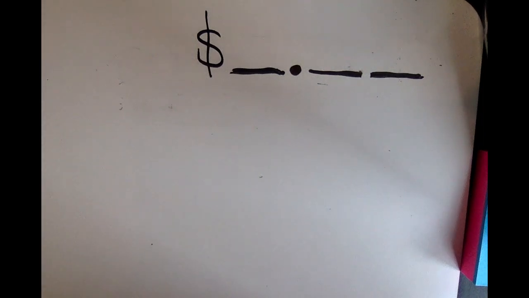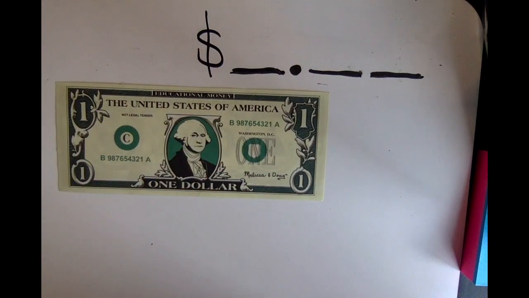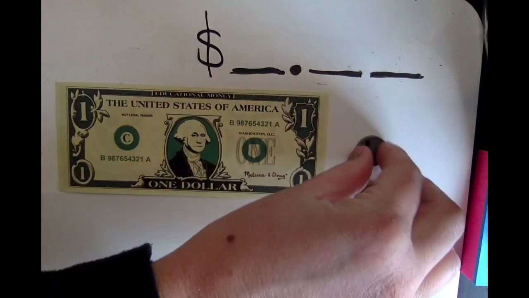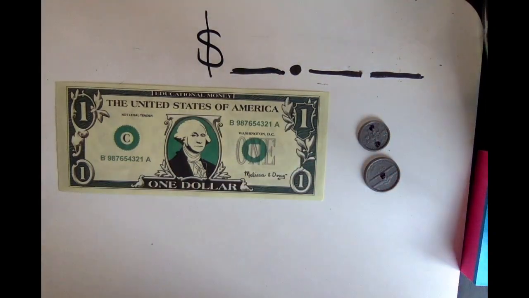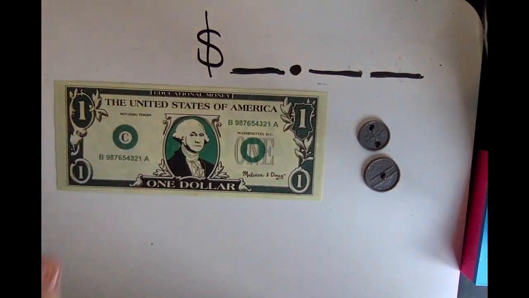Okay, so let's try one out. Let's say that we have that. All right, well, let's see what we have. How many dollars do we have? Well, this one's simple. We just have $1 bill. So that would just mean a 1.